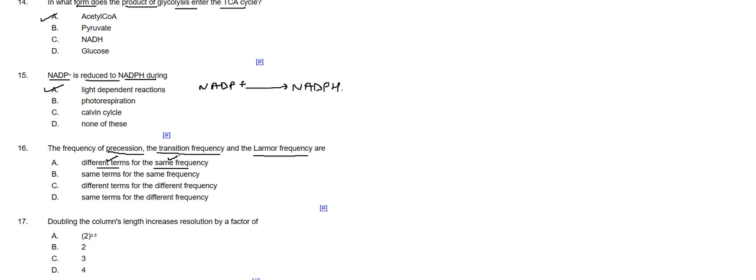Okay, next, doubling the column's length increases resolution by a factor of. So when the column's length is doubled, then resolution is increased by a factor of 2 to the power 0.5.